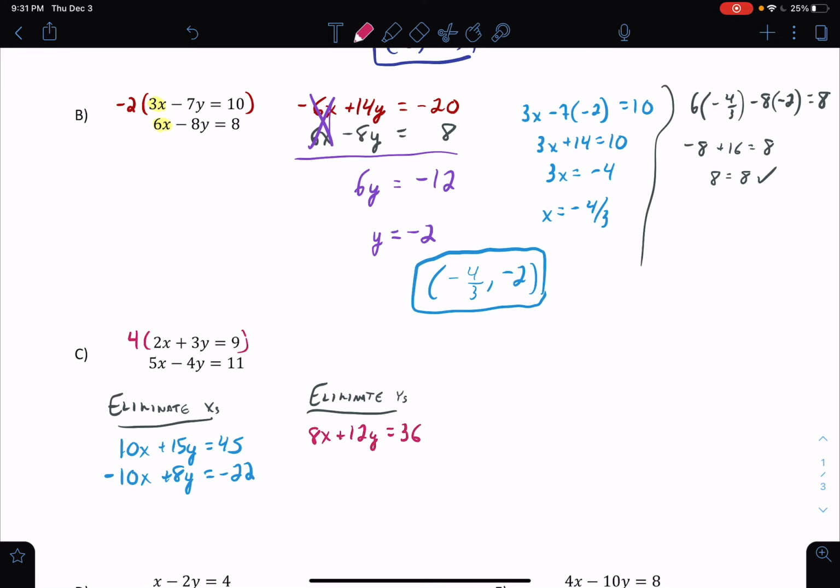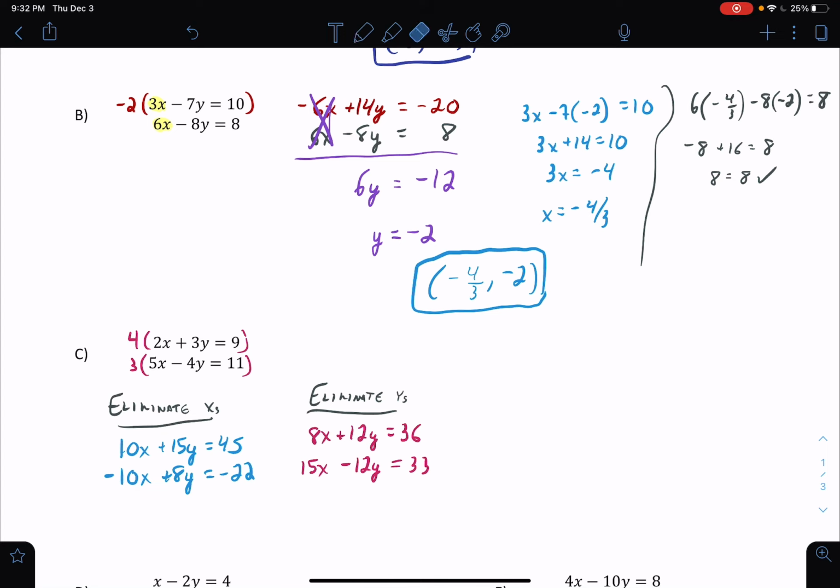And if I multiply the top equation by 4, I'm going to multiply the bottom equation by 3, so that it becomes 15x minus 12y equals 33. All right? And notice if I add the equations there, the y's would cancel out. Again, it does not matter which variable you eliminate. You just got to decide and then manipulate your equations correctly.